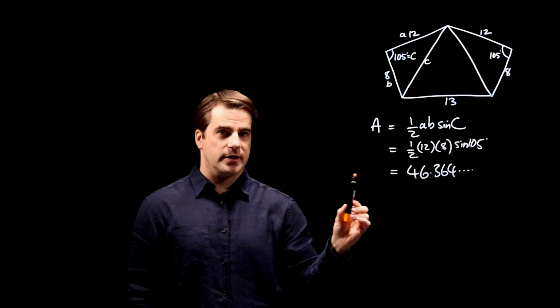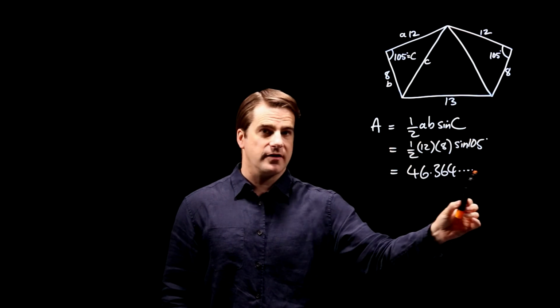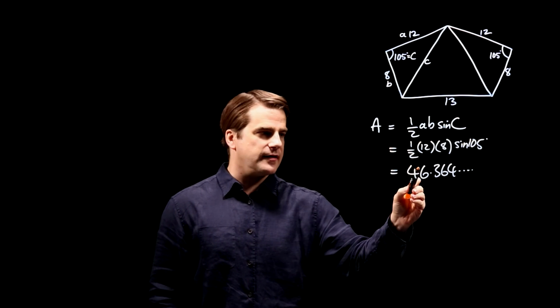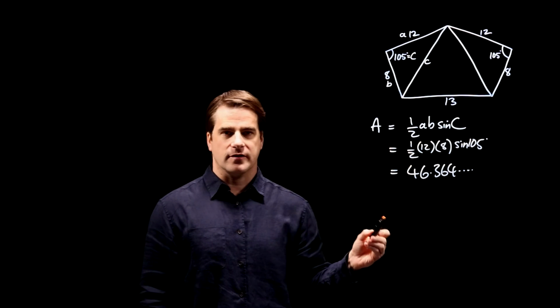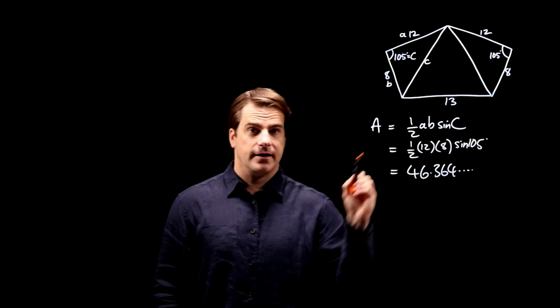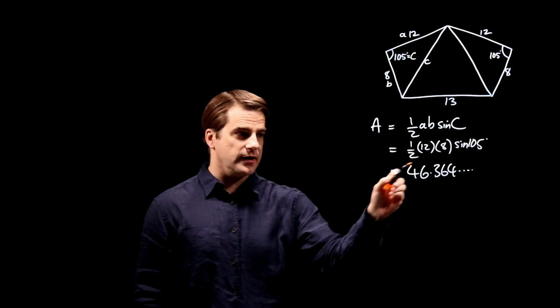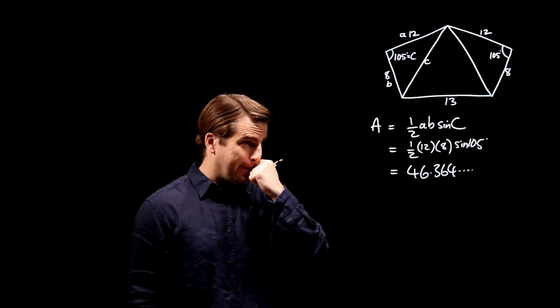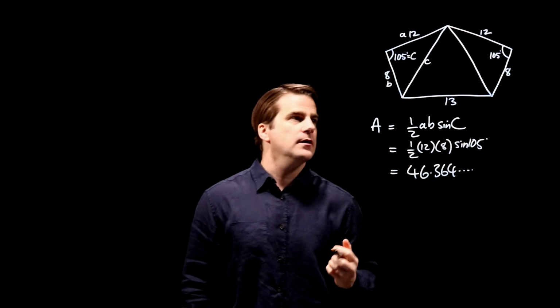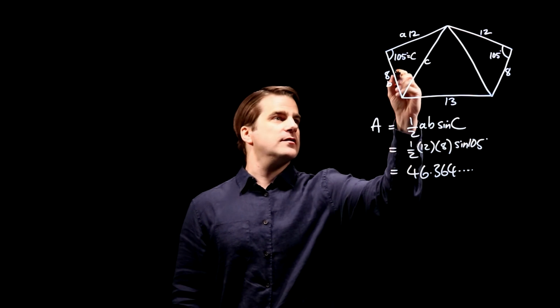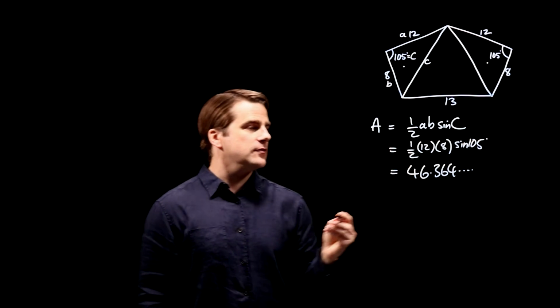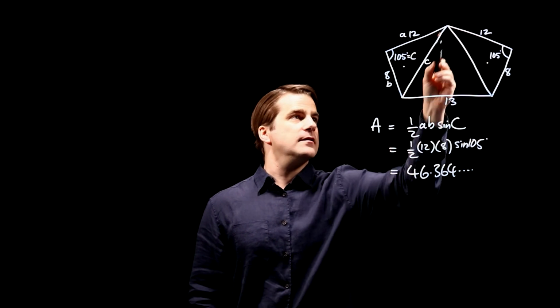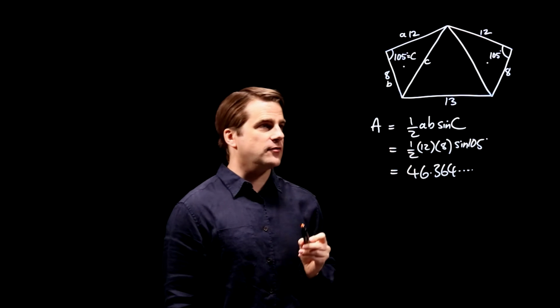Throughout the whole of this and questions like this, you always have to work with the precise value. Don't just write it down as 46.36 and then use 46.36 in the future. Get it in the memory so you can recall the exact value. Okay, that's a good start. We've got the area of this and this. So now we just need the big triangle in the middle.